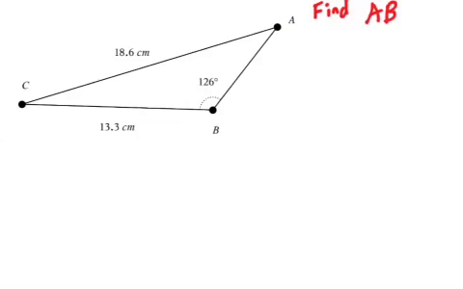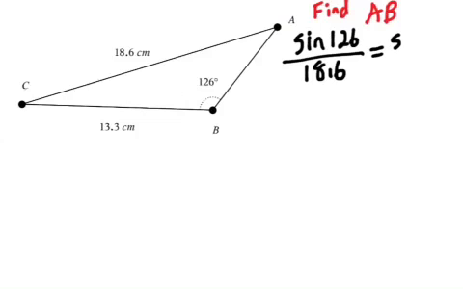So what I need to do first is solve for big A. So I'm going to set up sine 126 over 18.6 equals sine A over 13.3. So this is going to let me solve for big A. I'm going to cross multiply and solve just like I did last problem.